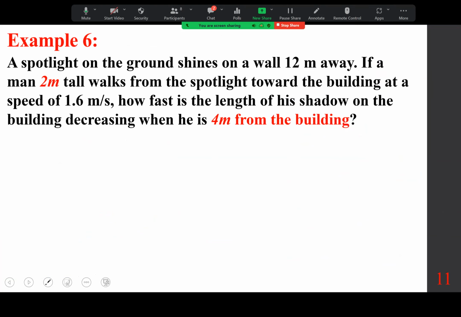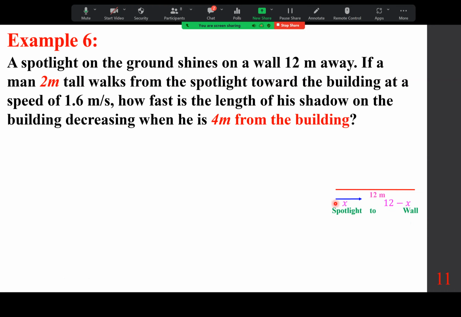So again, we have to do the setup. We have to define variables. So here's what's happening. Somewhere we have the spotlight, somewhere here we have the wall, and this distance is 12 meters, and we are moving this way.